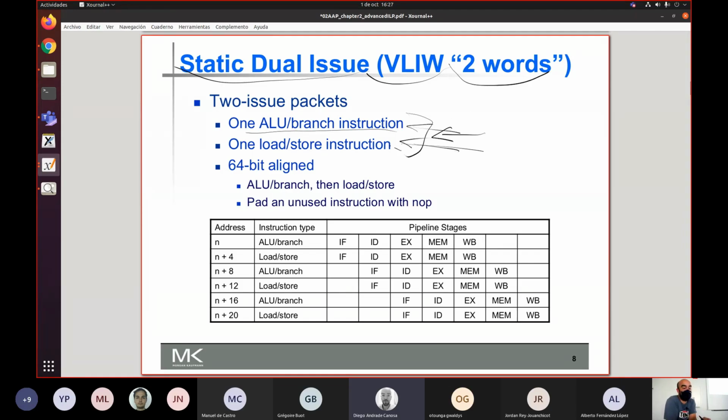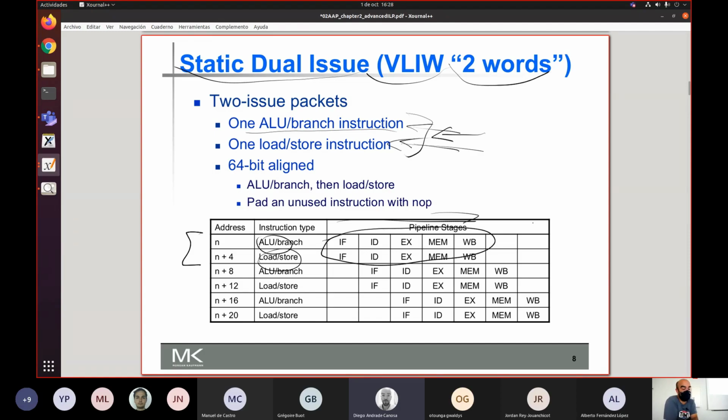Okay, so this will be one package, and as you can see, you can start one of these instructions and one of these other instructions at the same time, and they go through all the pipeline stages from the beginning to the end concurrently without any delay. Then you can start 2 more, and then 2 more, and so on.